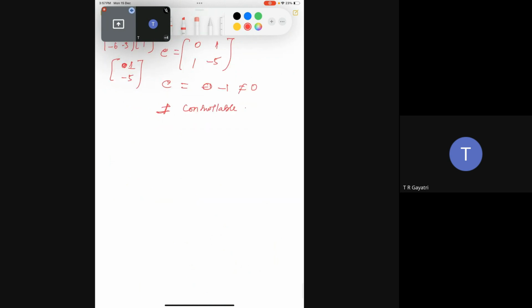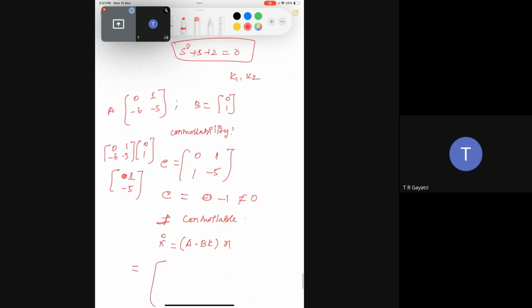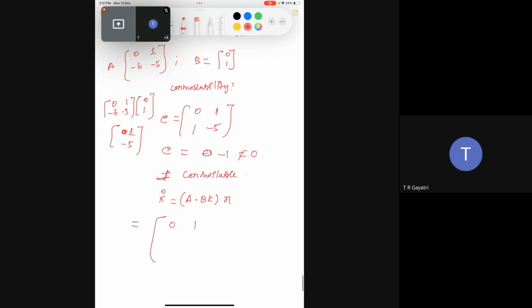Then we are going to find the K value, that is A minus BK into x, where A is 0, 1, minus 6, minus 5, minus B, 0, 1, into K, that is K1, K2.